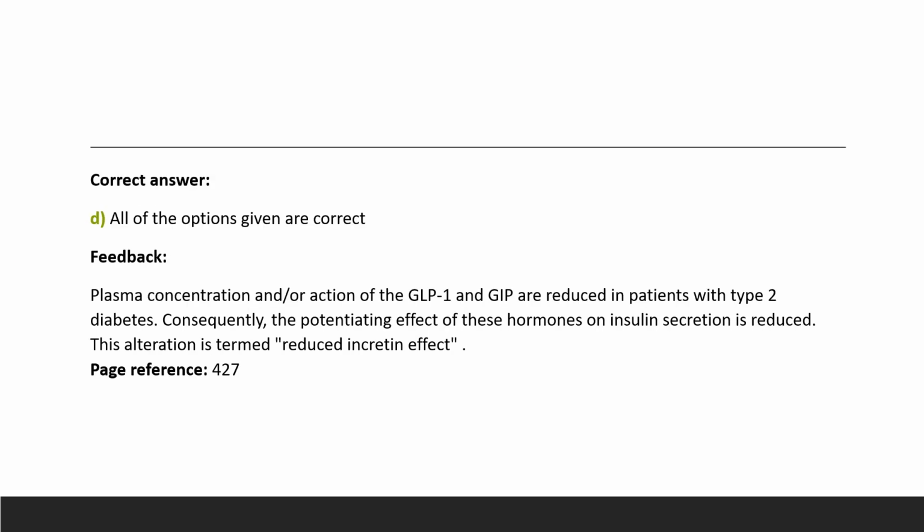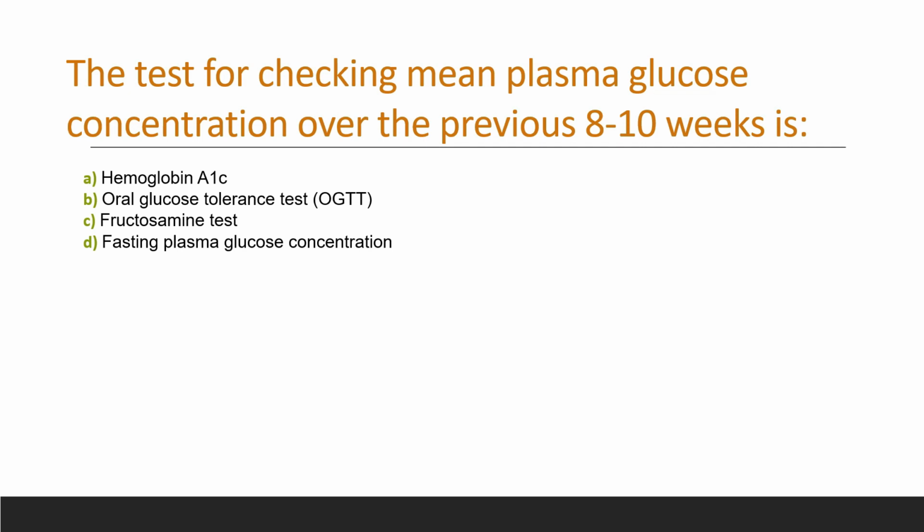The explanation is that plasma concentrations and action of GLP-1 and GIP are reduced in patients with type 2 diabetes. Consequently, the potentiating effect of these hormones on insulin secretion is reduced, and this alteration is termed the reduced incretin effect. Next question, the test for checking the mean plasma glucose concentration over the previous 8 to 10 weeks.